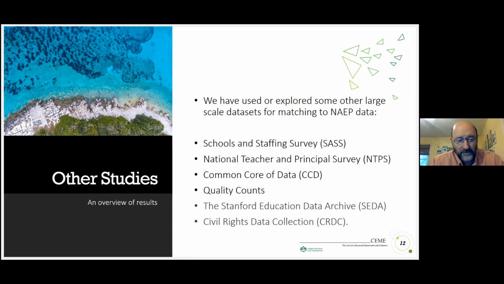That survey is no longer being collected, but its following survey is, and it's now called the National Teacher and Principal Survey. We've done a lot of interesting work with that. Most recently, we've been looking at multi-level modeling and nesting teachers within their schools and looking at whether their race and ethnicity identification is congruent or not congruent with the majority of the students in their schools.